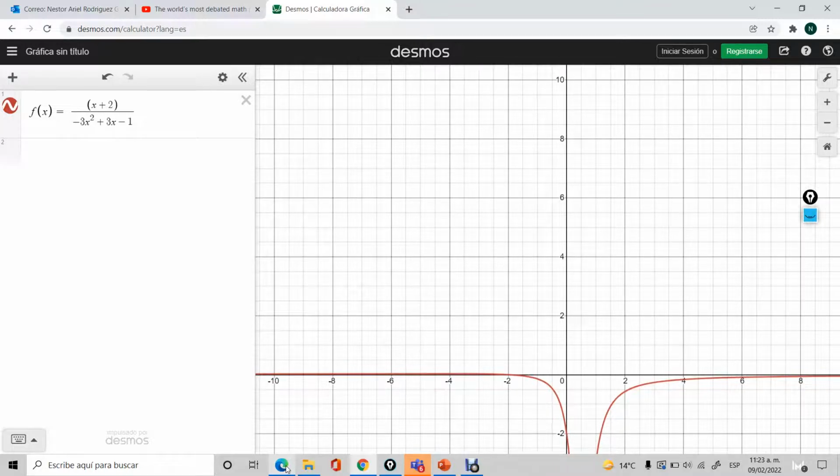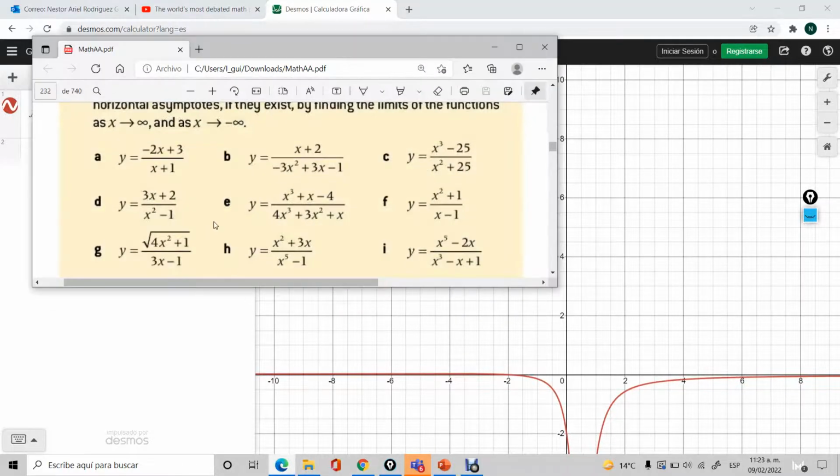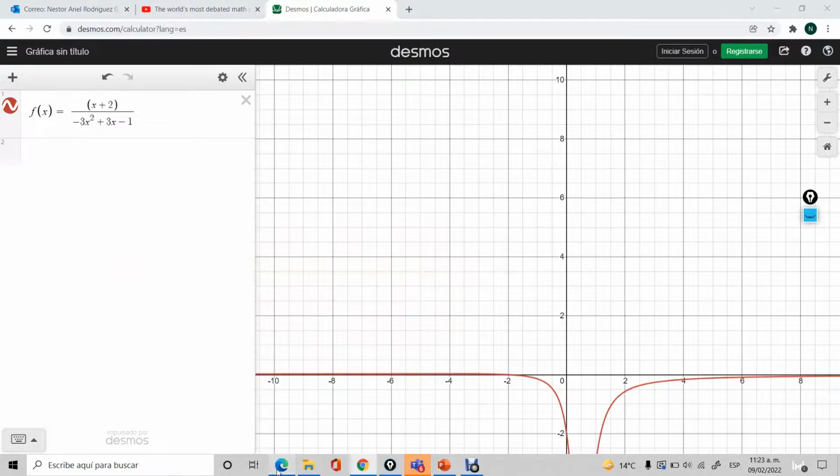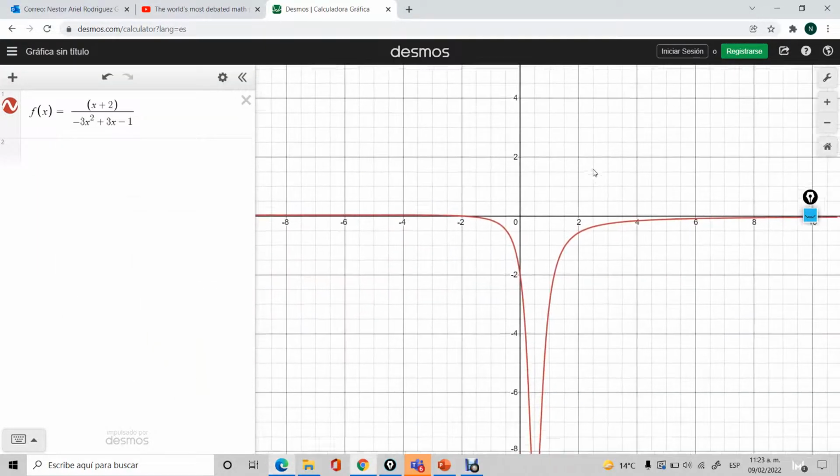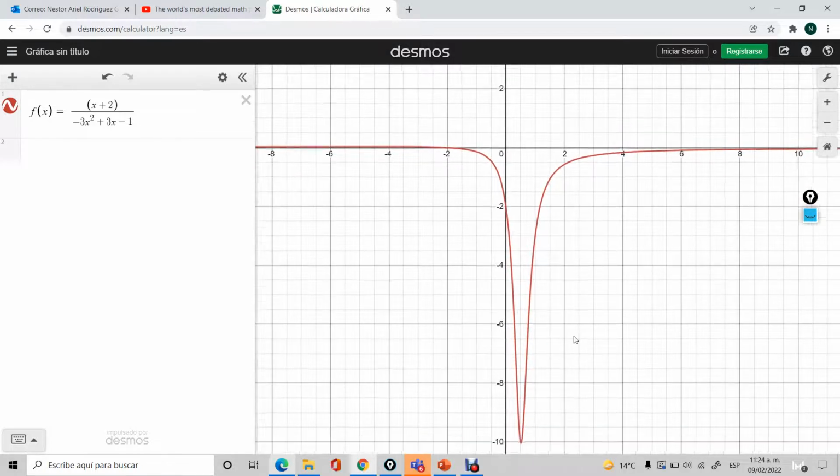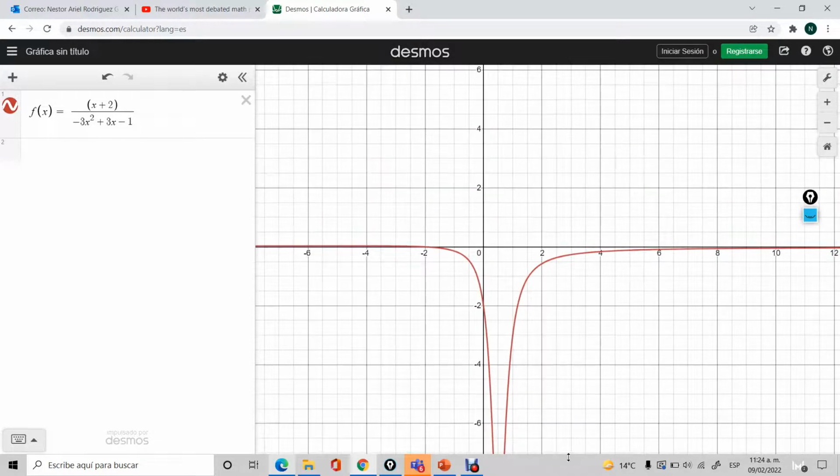Like so. So I think I made a mistake. Minus 3x squared plus 3x minus 1. x plus 2.